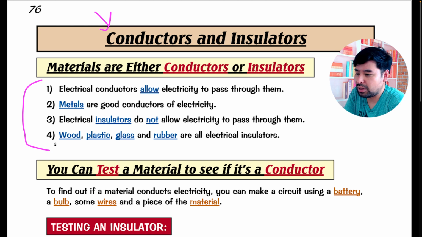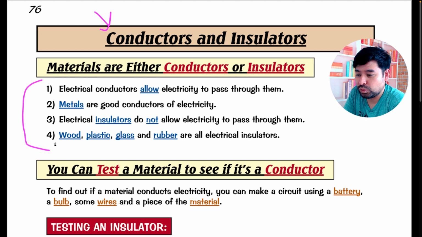Number two, metals are good conductors of electricity. Number three, electrical insulators do not allow electricity to pass through them. That's why insulator, electricity can't go through it.